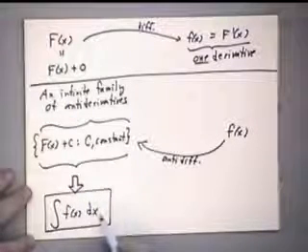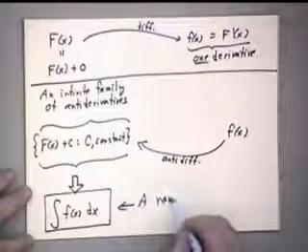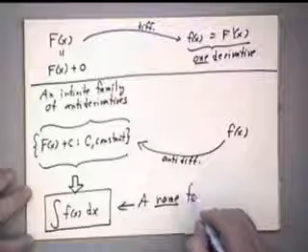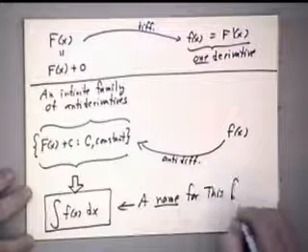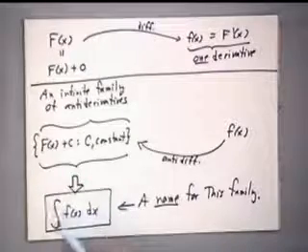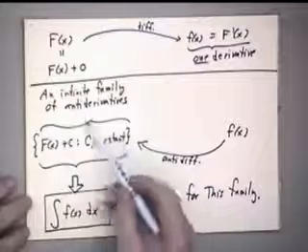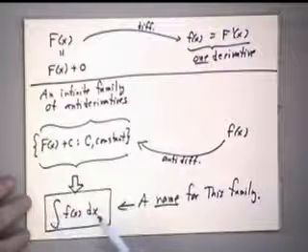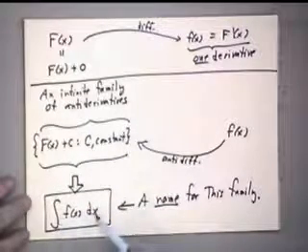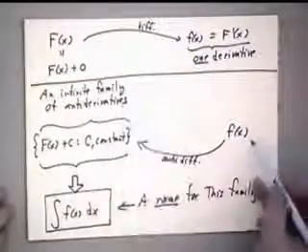A little strange looking at this point, but this symbol will be a name for the entire infinite family. So this will be a name for this family. And I will explain this notation now in more detail. But this will represent this entire set. So this is not just a single mathematical object, it's really a representative of an entire infinite set of antiderivatives for little f of x.